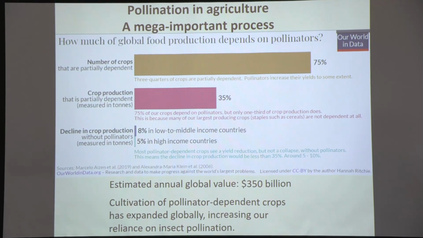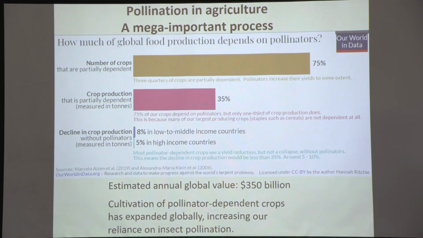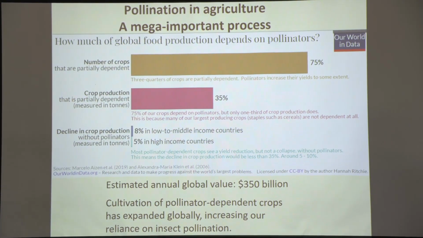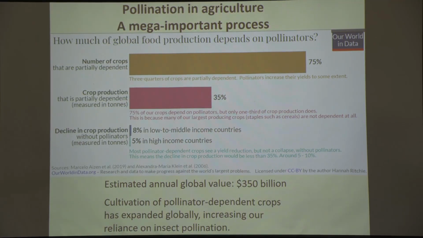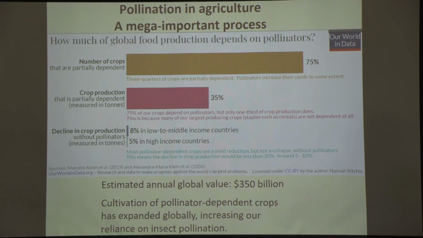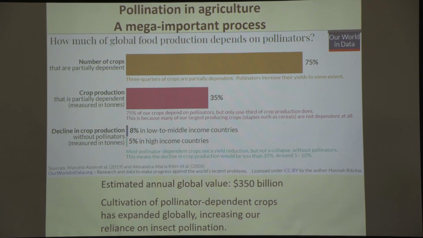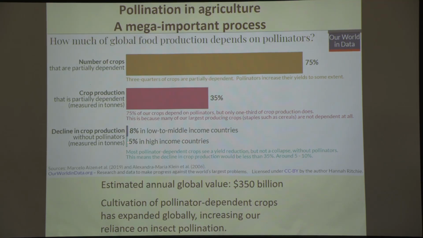So you take away all of those staples like cereals, which are not dependent, and you're down to 35%. When you look at the actual tonnage of crops that are dependent on pollination, it's between 5 and 8%. All right, so that's probably the realistic figure.